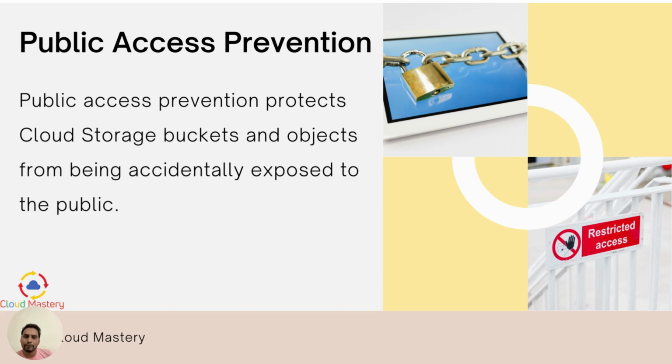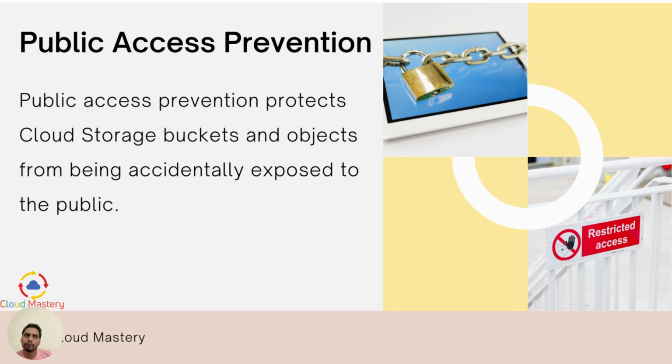So in order to prevent this kind of accidental exposure of the storage bucket to the public internet, they created a feature, basically public access prevention. There's a check mark; if you check this, then that specific storage bucket data will not be publicly exposed.